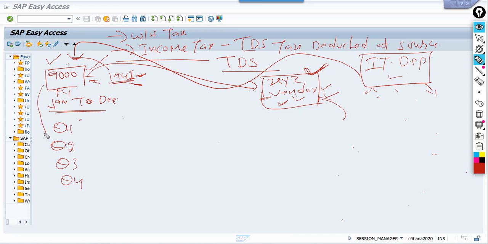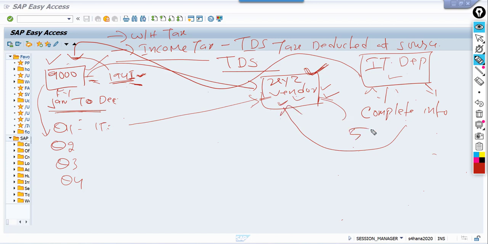Here 9,000 company code is filing returns to the income tax department, mentioning all details of vendors. So once these details are filed with the income tax department, they have complete information about this vendor.